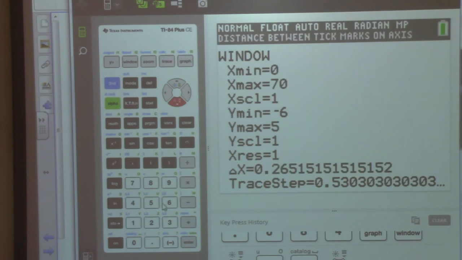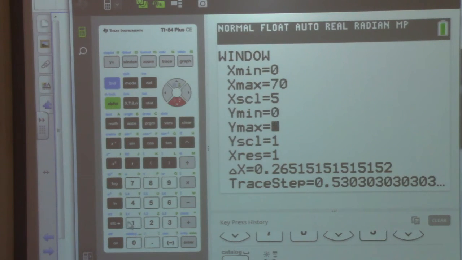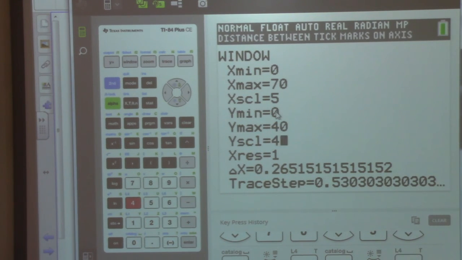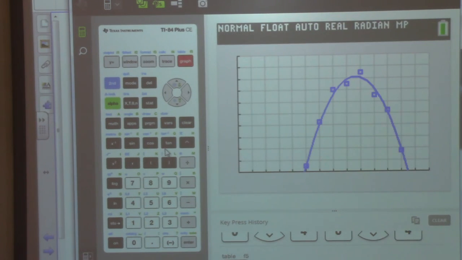And we're gonna scale by 5s. Okay, what about Y? Y was 0 to 36. We go 0 to 40 by 4s. Is it negative 40? No, right? Yeah. Okay, there it is.